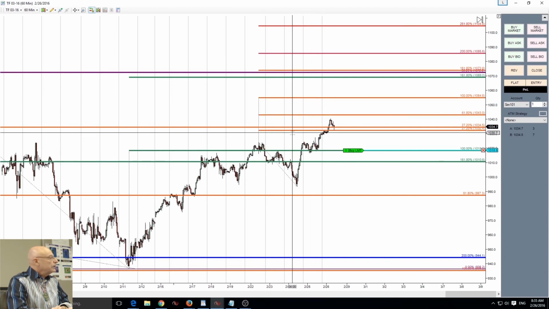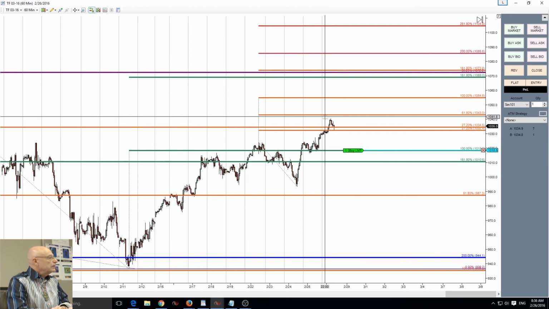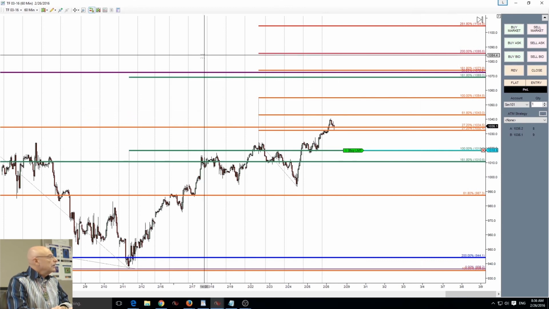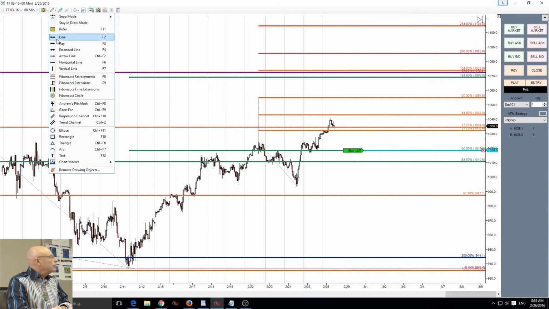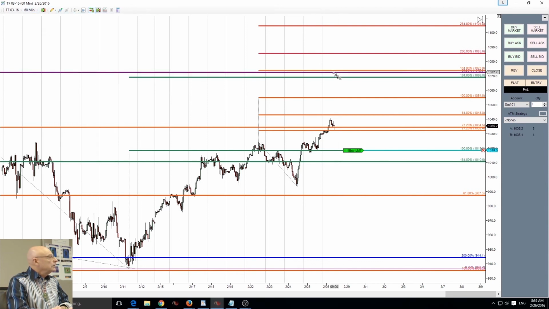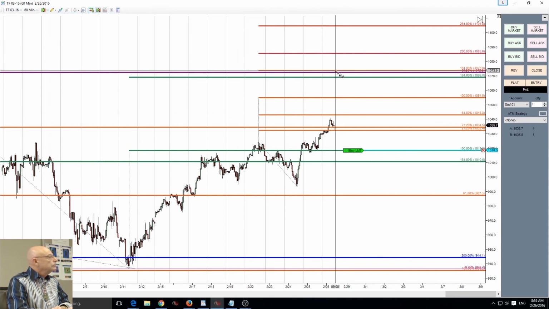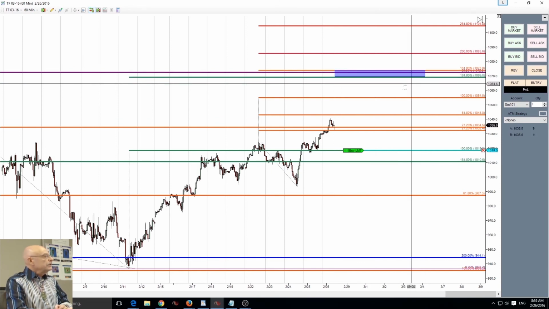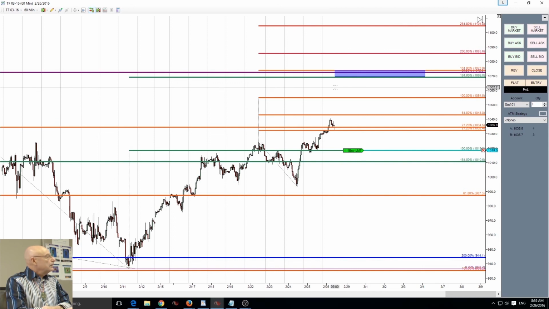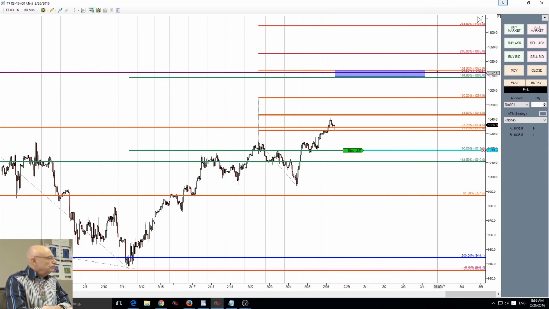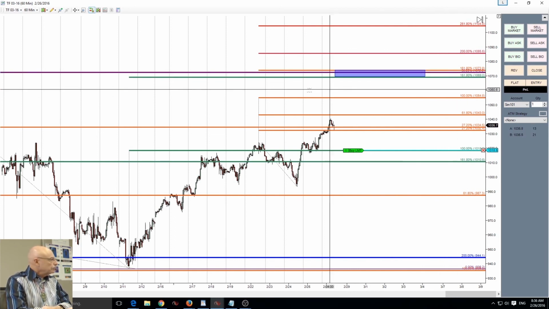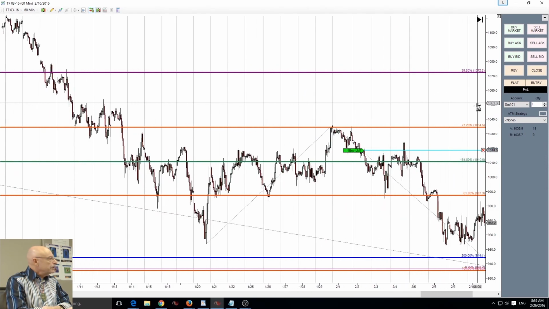So we have it here, and our target will be 1043 and higher, and probably that's our resistance, and first level 38.2 on a bigger time frame, much bigger time frame.